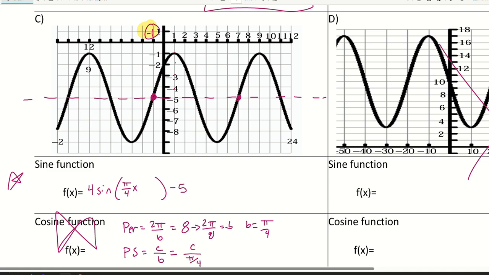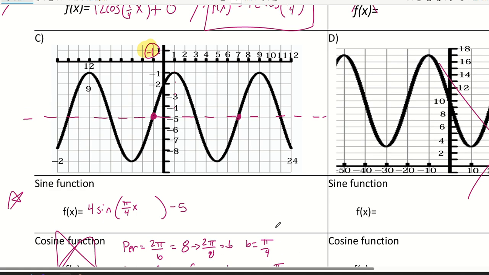And I want my phase shift to be -1. So I'm going to figure out, okay, what could c be? I multiply both sides by pi over 4, and I get c is equal to negative pi over 4. So that's my c value.